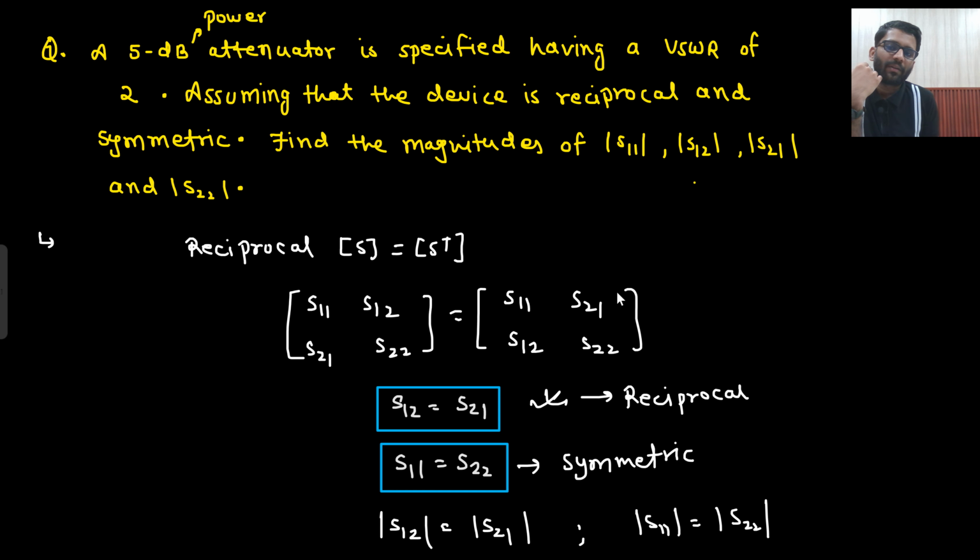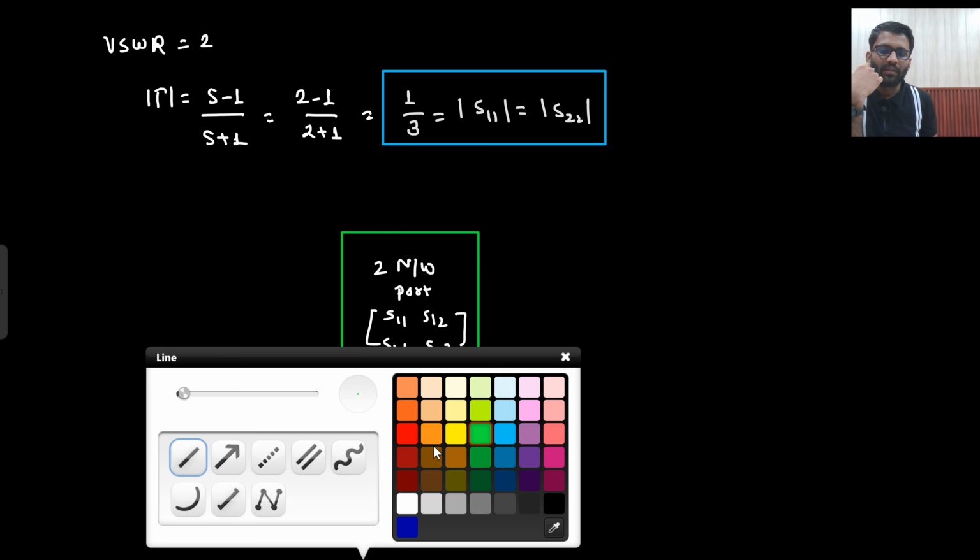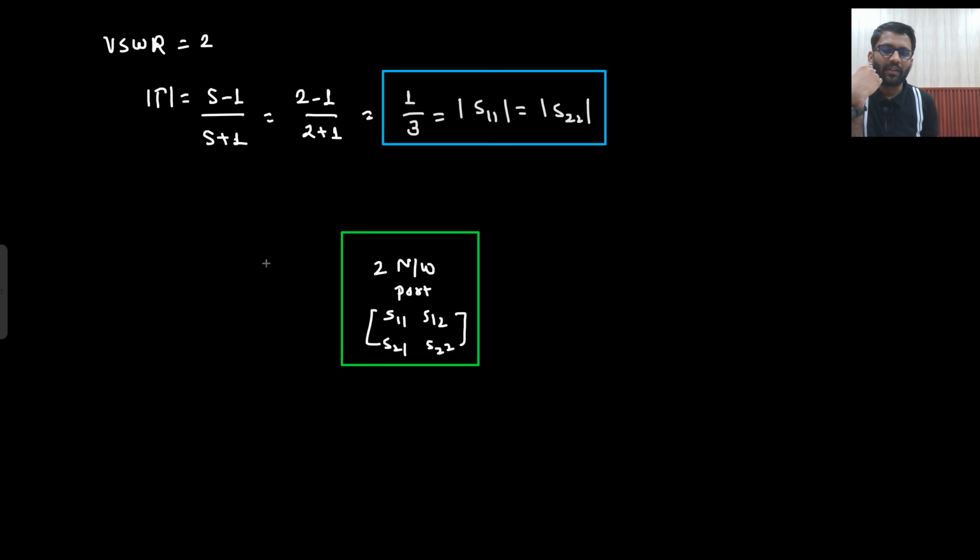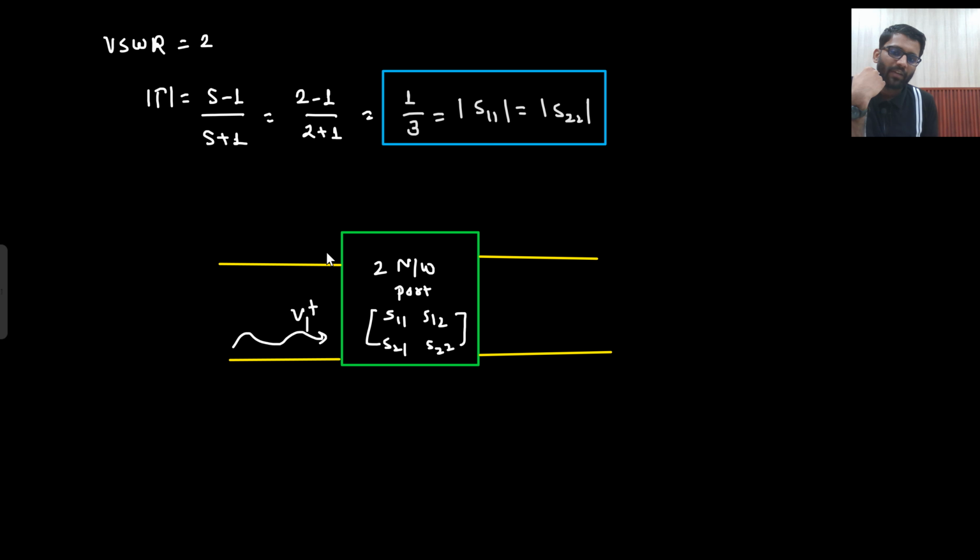What do I mean by power attenuator? That means now, when we calculate S parameters, what do we do? We connect a transmission line here. We connect a transmission line here as well. Then we send some V1 plus at this node. If I send some V1 plus here, then some part will be reflected back, that would be known as V1 minus, and some part will be transmitted.